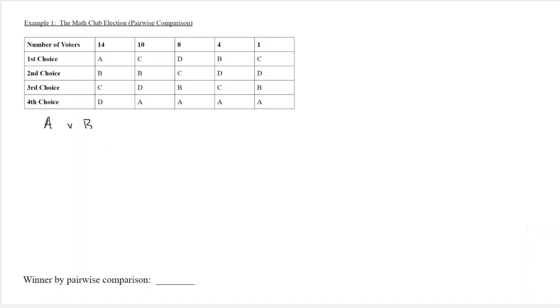We have A versus B, A versus C, A versus D, B versus C, B versus D, and C versus D. I'm going to show you the first matchup in detail, but because this part is exactly the same as Condorcet, I am going to move quicker through the other ones.